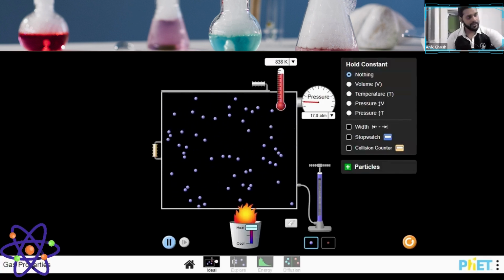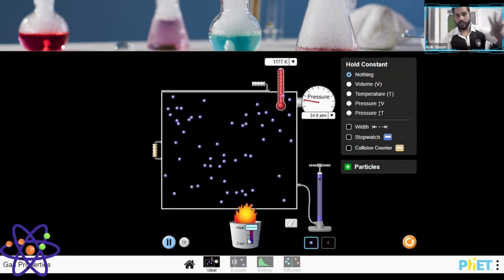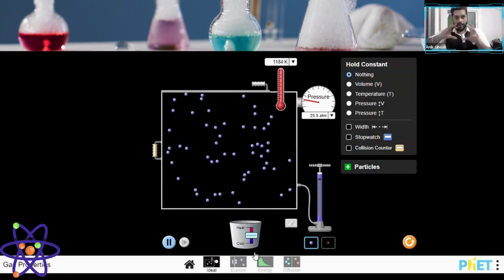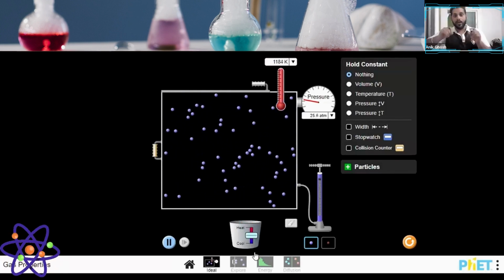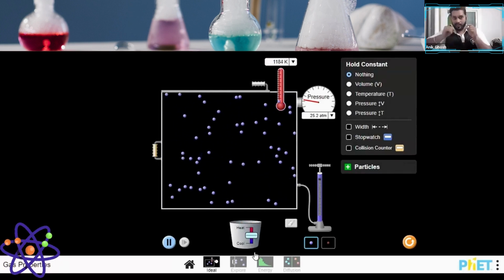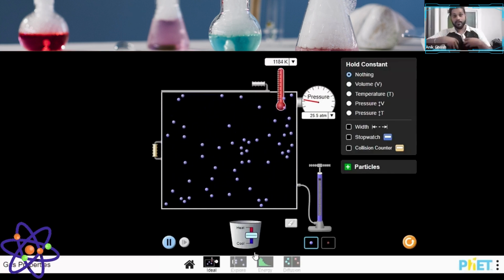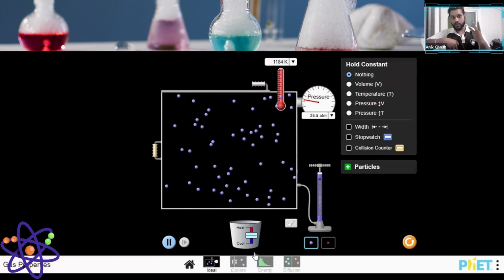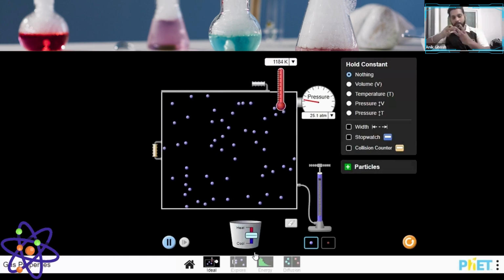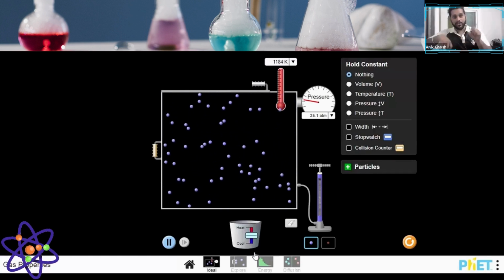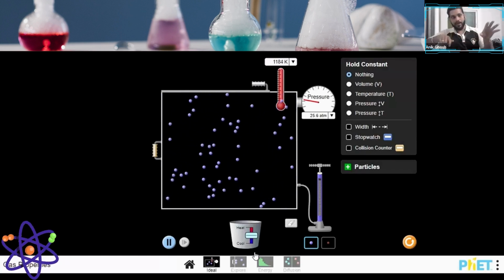When I'm heating it, guys, what is the actual thing that I'm doing with these particles? I am giving kinetic energy. Now I am increasing the kinetic energy, right? Increasing the kinetic energy means I am increasing the three kinds of motion that I told you about: rotational, vibrational, and translational. Because of that, the particles started moving.